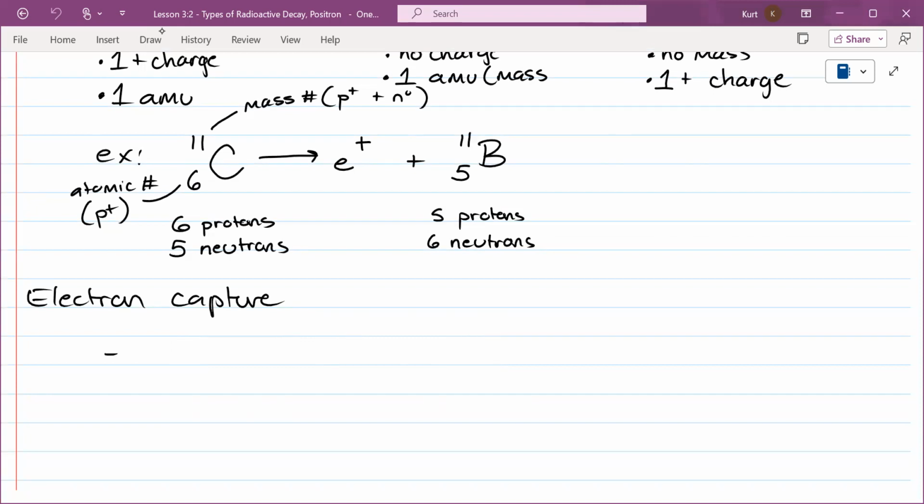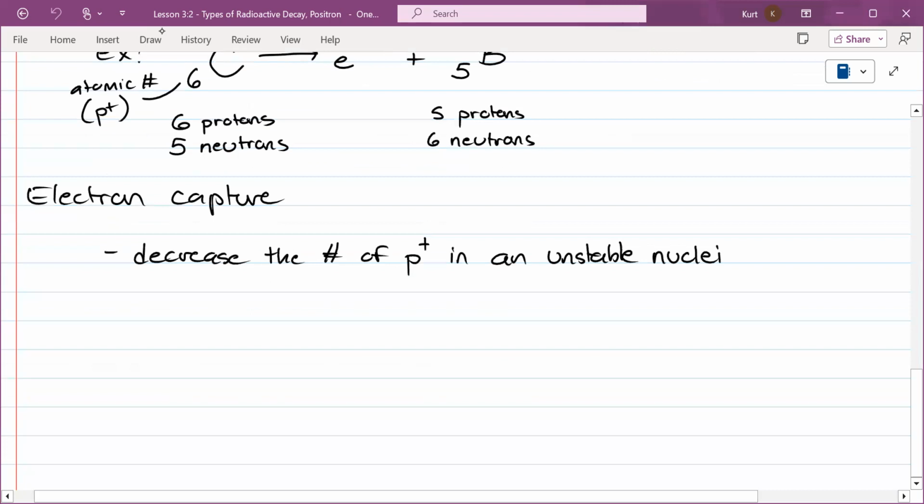So in electron capture, you decrease the number of protons in an unstable nuclei. So let's do an example.